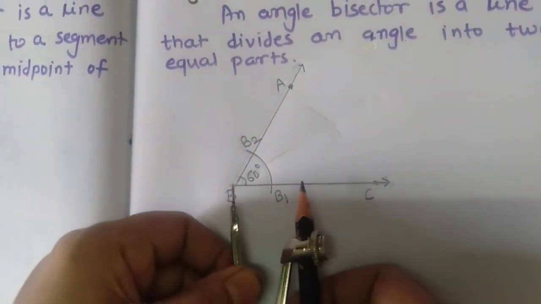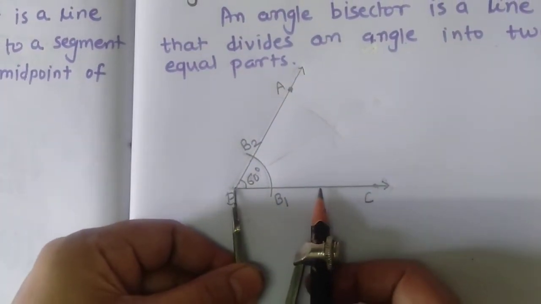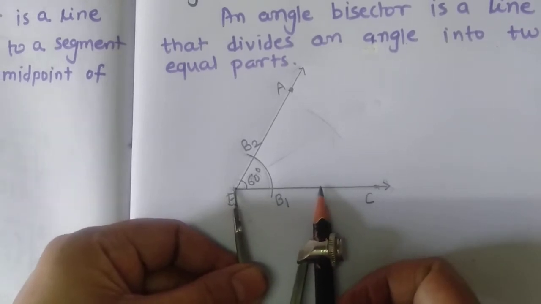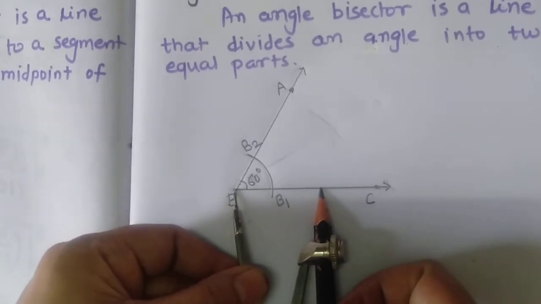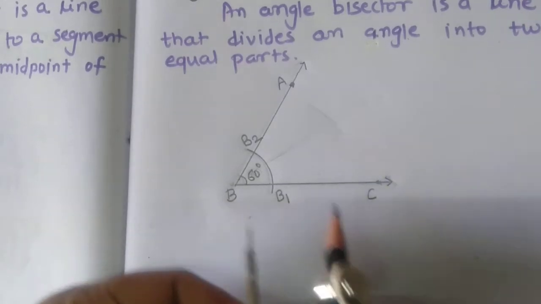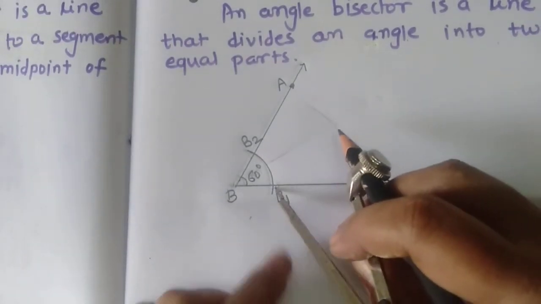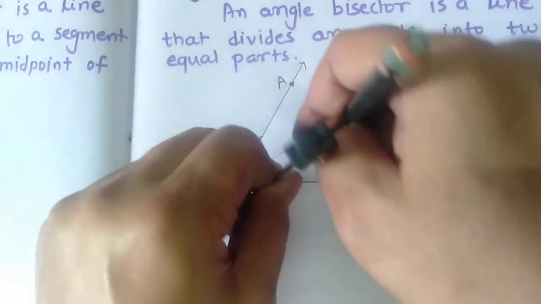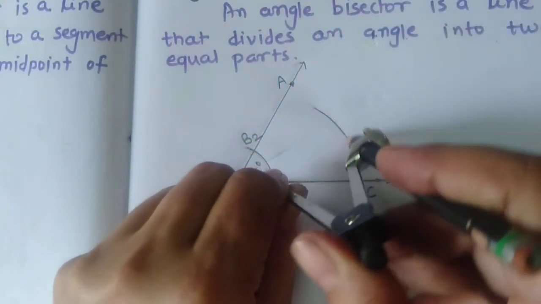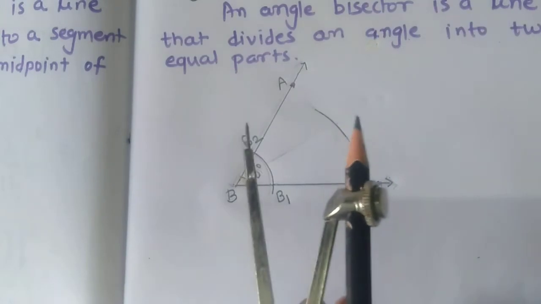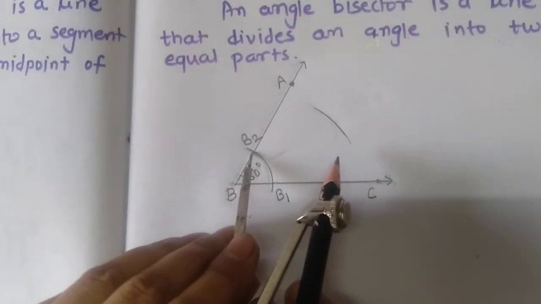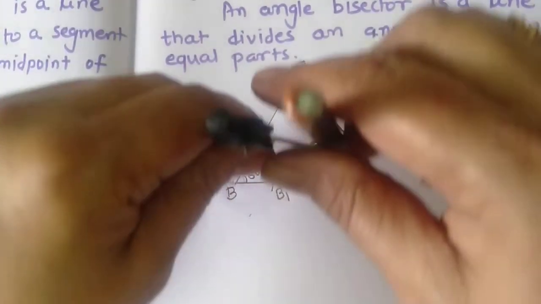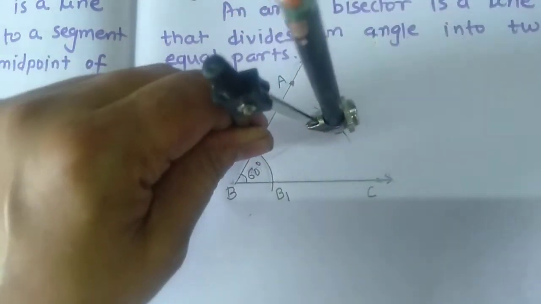So take any convenient distance greater than half the distance of an arm and draw the arc from the point B1 inside of the angle. See, now without changing the distance, draw an arc from the point B2.